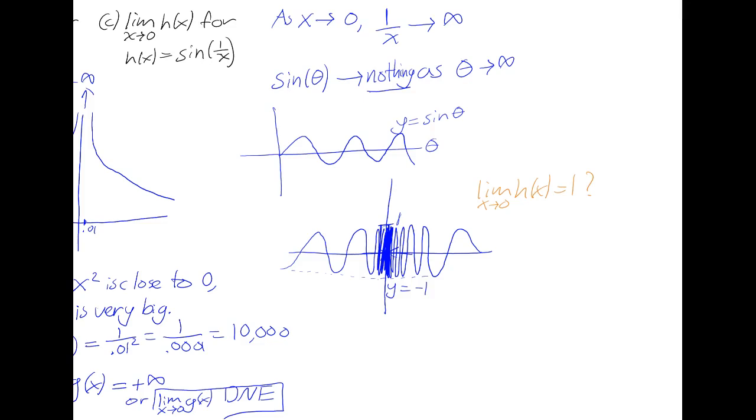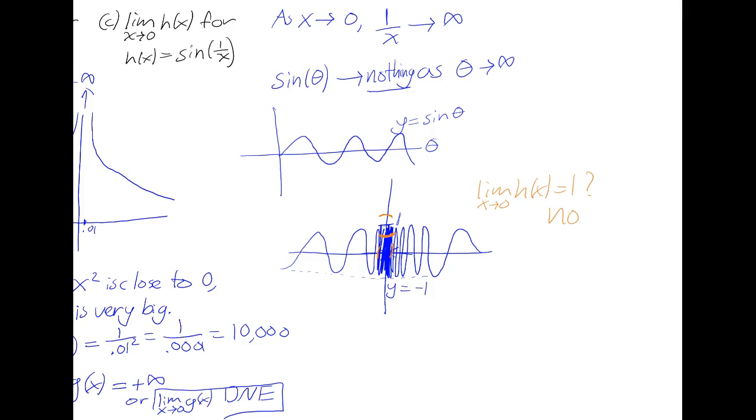Well, then that means if I want to get within 0.1 units or some small number of units of y equals 1, there's no interval of x values that will guarantee that all of the y values are in there. Some of the y values are going to come out of that because it goes up and down below too.